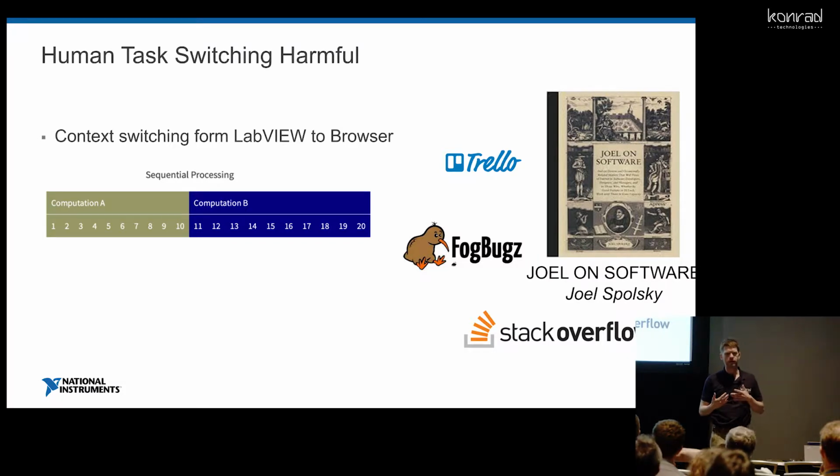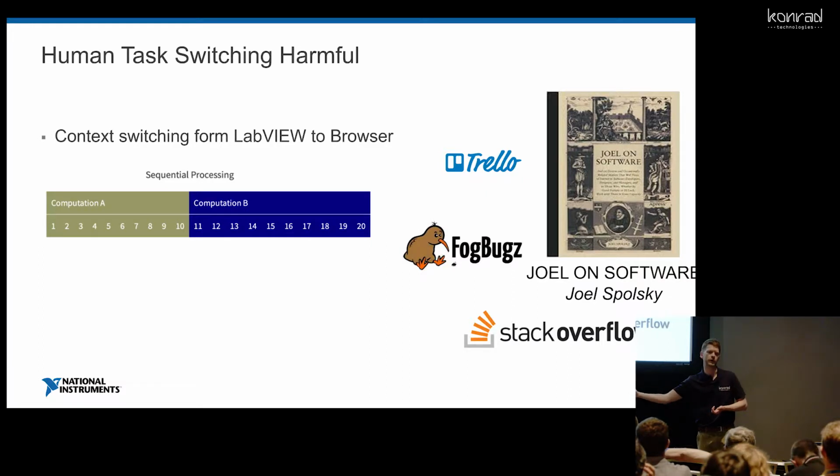And Joel has a chapter in his book which is called Human Task Switching Considered Harmful, which is basically saying anytime we need to switch context, anytime we're moving, in this case, from LabVIEW into a browser window, it's disruptive to our workflow, and it has a much bigger effect than you might imagine than just switching between two windows.